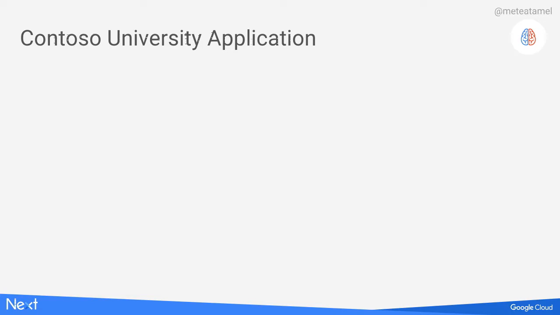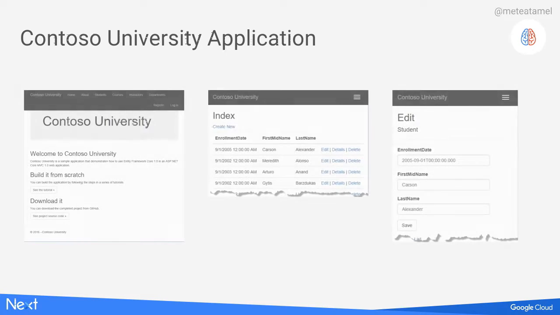The application that I want to show you is called Contoso University. Maybe some of you know this application. Anyone know it? No? Maybe. OK. Contoso University is a fictitious university. It's a reference application for ASP.NET MVC5.